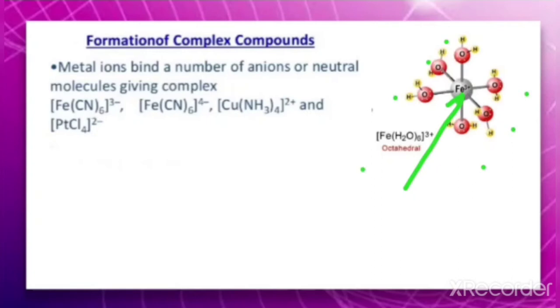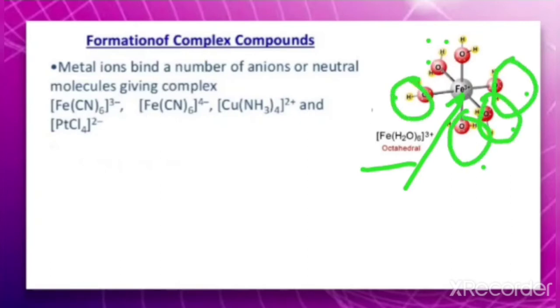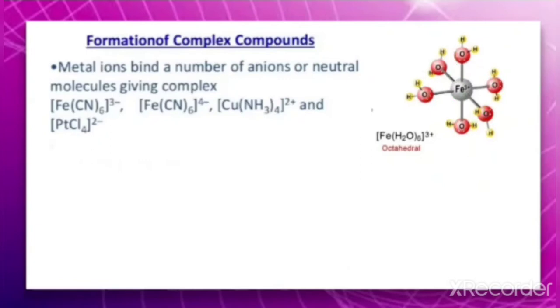When you take the example of [Fe(H2O)6]3+, which has an octahedral geometry, you can see that the Fe ion acts as the central metal which is bound by a number of anions or neutral molecules. Here, a number of water molecules get bound to the central metal ion. So the formation of a complex compound is one of the important characteristic properties of a transition metal.